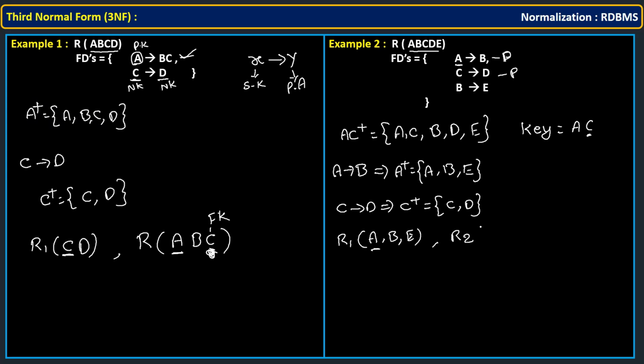Take R2 as CD only, and this is the primary key. Now the original relation is what? Of course, A, C will be there. Then B is covered here, D is covered here, E is covered here. So these two only, and those two are the primary key. All attributes are primary key attributes.